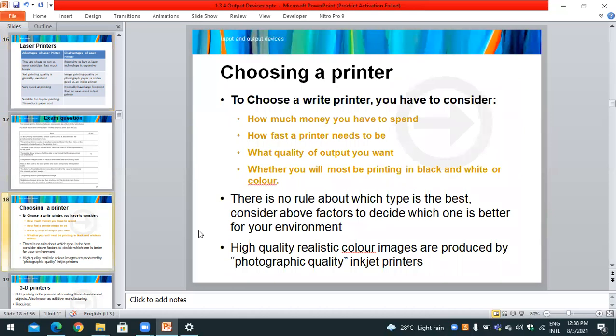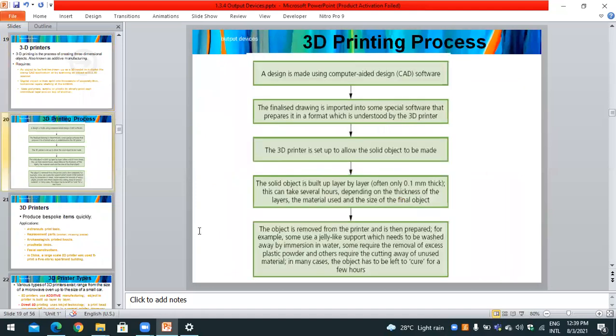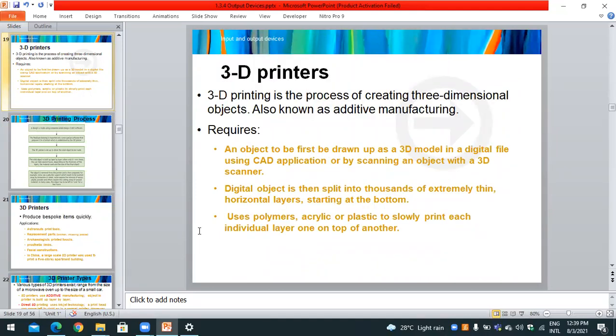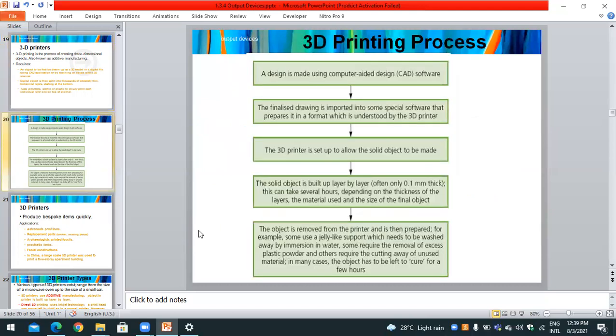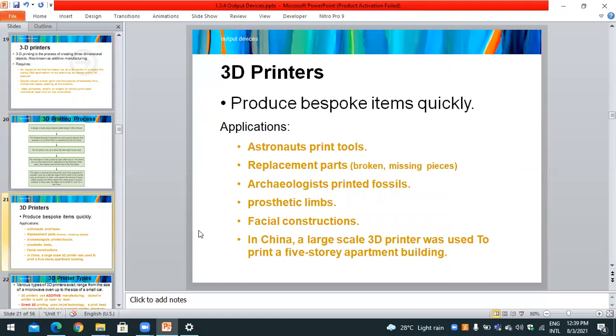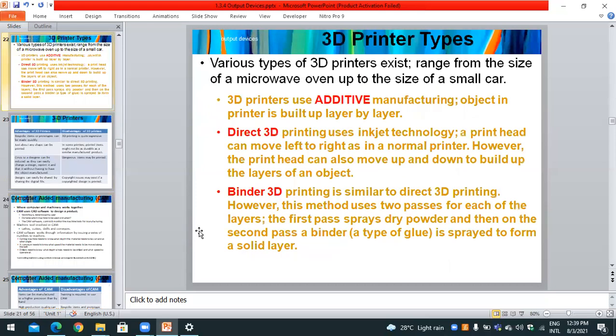Let's quickly move to the 3D printers you have completed. Have you completed 3D printers as well? There are three types of 3D printers as well. You should know about it.